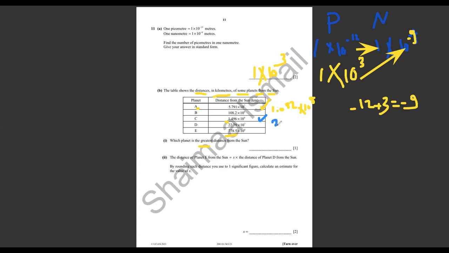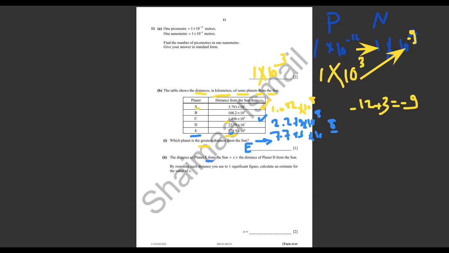And this one, we add 1 to the power, 2.279 times 10 to the power 8. And here it will be 7.785 times 10 to the power 8. I'm just moving the decimal point 2 places, so I add 2 to the power. Okay, so this is the greatest, I think, because this is 7 and this is 2, 1, and 5. So this will be it.